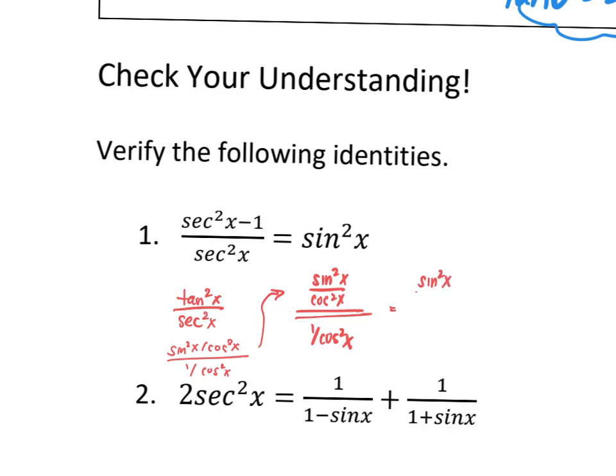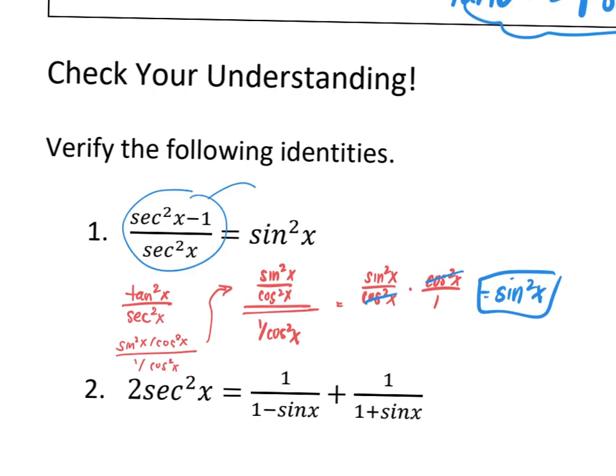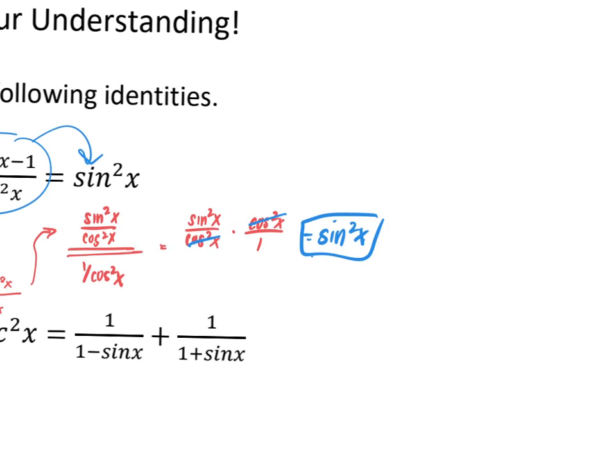So sine squared over cosine squared times the reciprocal of 1 over cosine squared, or the reciprocal of secant squared, would be just cosine squared. And then cosine squared divided by cosine squared is 1, and we're left with sine squared. And that's what we wanted to prove. We wanted to prove that the left side did equal the right side, and we just did. Okay, so we proved what we set out to prove.